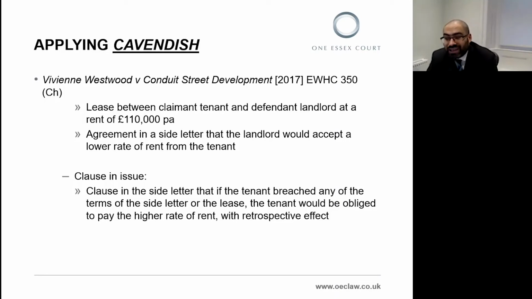This was accompanied by a side letter in which the landlord agreed to accept a lower rate of rent from the tenant. And the side letter also provided that if the tenant breached any of the terms of the side letter or the lease, then the tenant would be obliged to pay the higher rate with retrospective effect. And the tenant defaulted on the rent, and the landlord asserted that the higher rent was payable retrospectively as well. And the tenant argued that the terms of the side letter amounted to an unenforceable penalty.